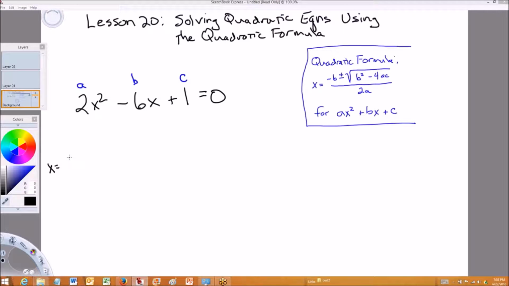So x equals negative b, so we have negative 6, because B is a negative 6. Then we have plus or minus. Now, this means we're going to have two values for x, but we'll see that towards the end.